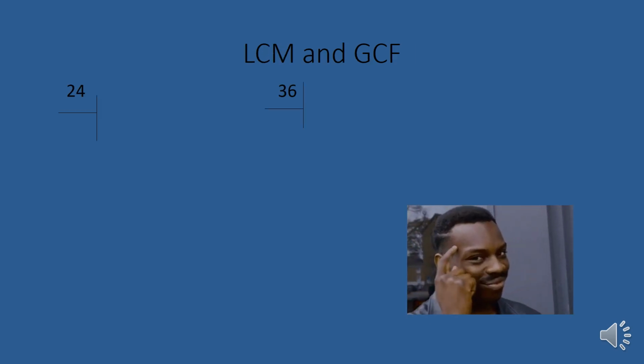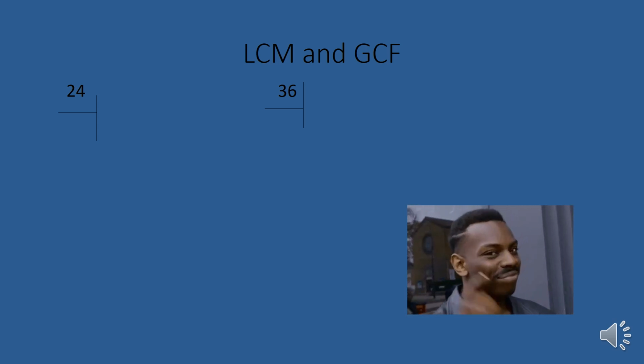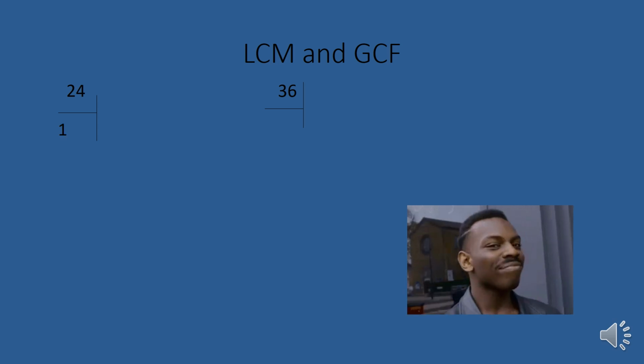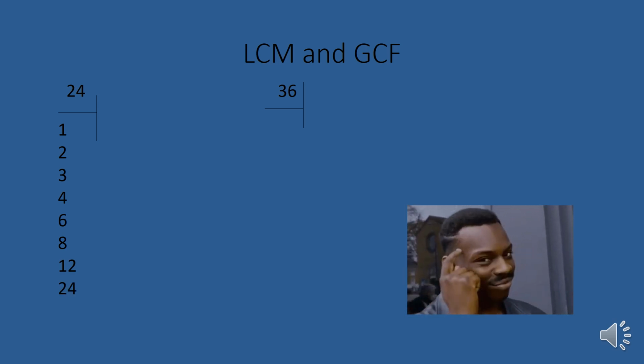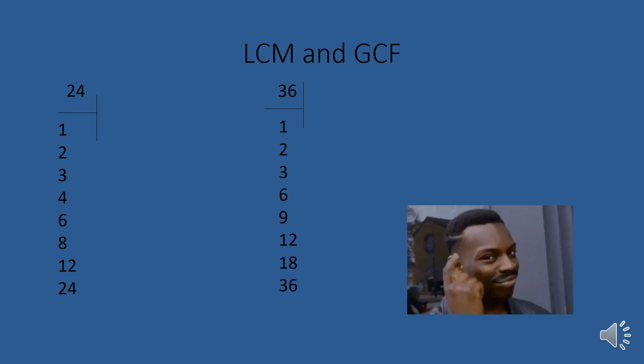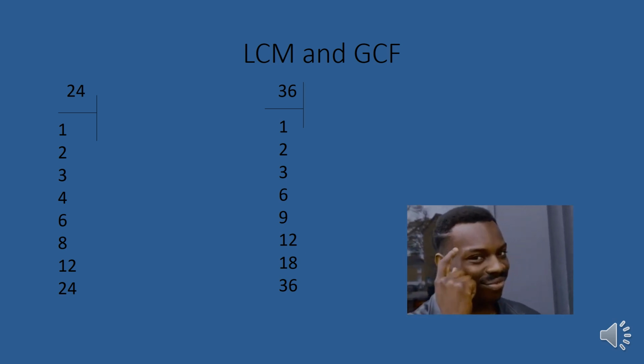And then, how do we get these? What are the steps? Well, for GCF, we first have to find the factors of each number. For 24, we've got 1, 2, 3, 4, 6, 8, 12, and 24. For 36, we've got 1, 2, 3, 6, 9, 12, 18, 36. These are the factors. Now we have to find the greatest factor that both of them share.